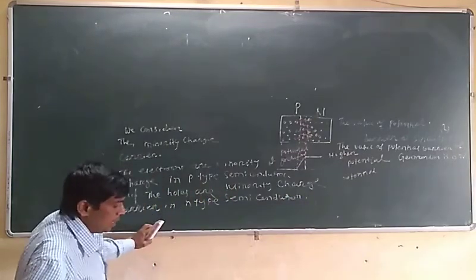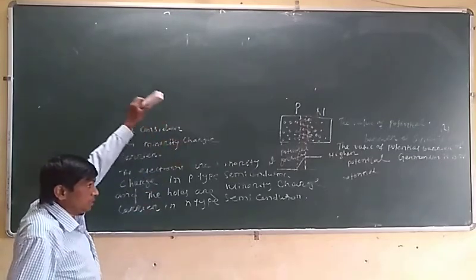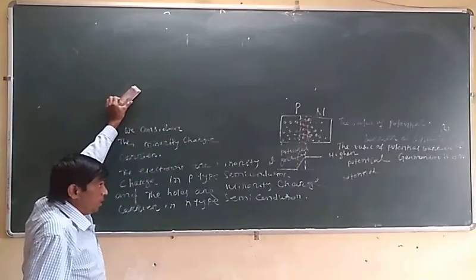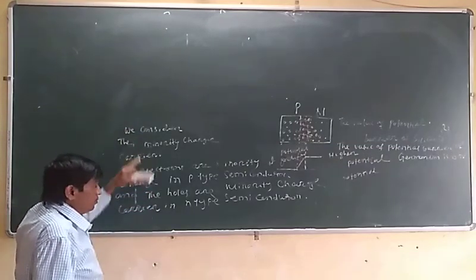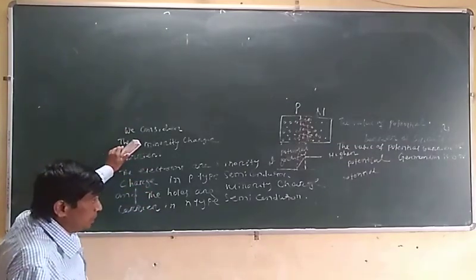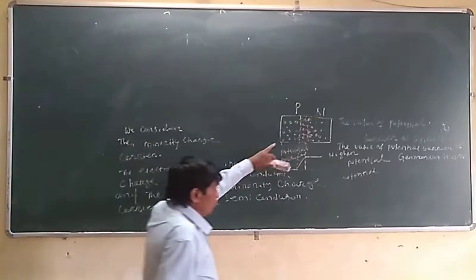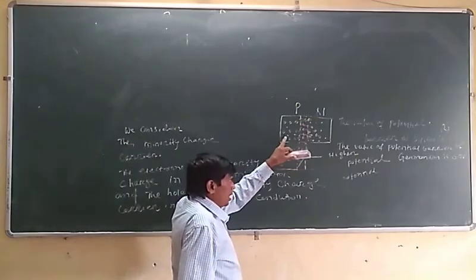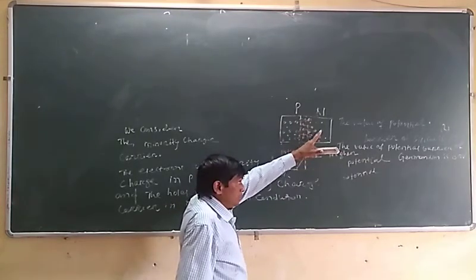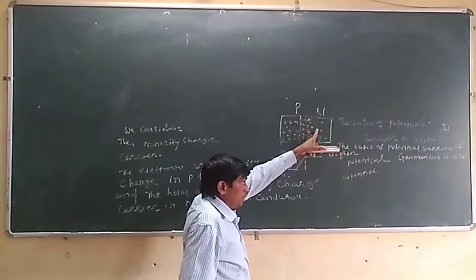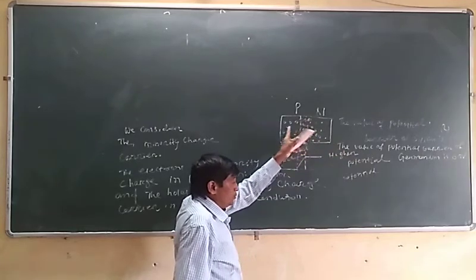So at the moment of creation of the p-n junction, what happens? The minority charge carriers of holes on the p side are allowed to the n side, and the minority charge carriers of electrons on the n side are allowed to the p side.